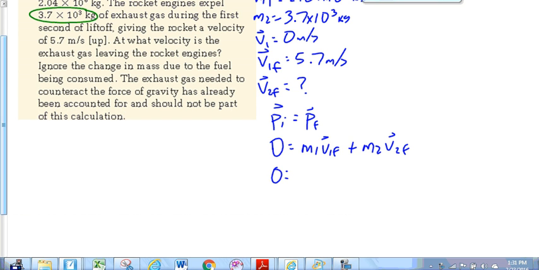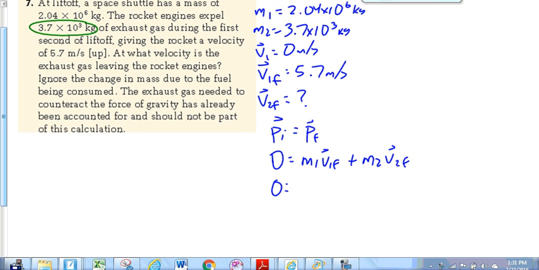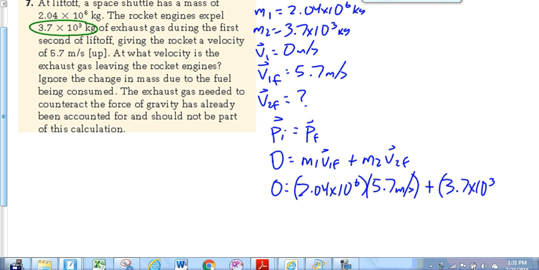Mass 1 was 2.04 times 10 to the 6, and this massive space shuttle is only going at 5.7 meters per second initially. Mass 2 is 3.7 times 10 to the 3 kilograms times V2F.